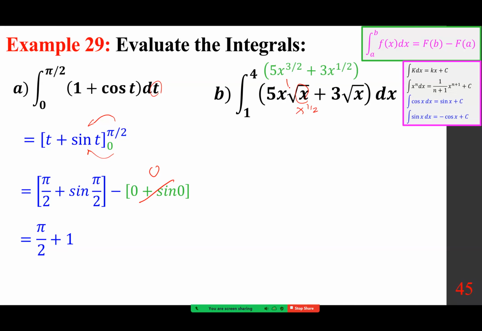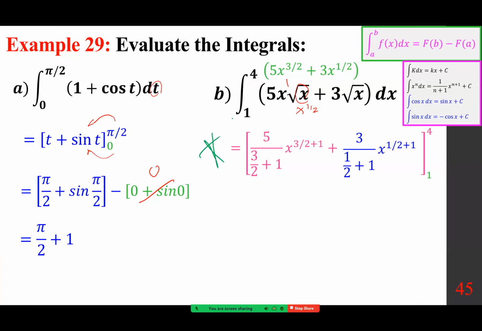Now we can use the power rule. 5 divided by 3/2 plus 1, x to the power of 3/2 plus 1. 3 divided by 1/2 plus 1, x to the power of 1/2 plus 1. And believe it or not, this is the only calculus step. You put an asterisk next to it. And you're done.